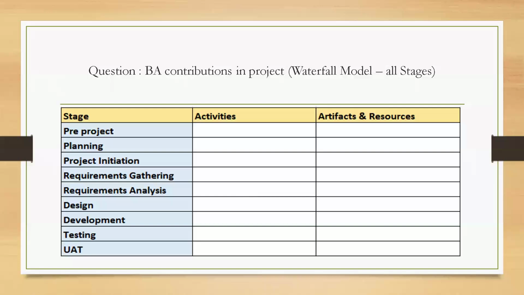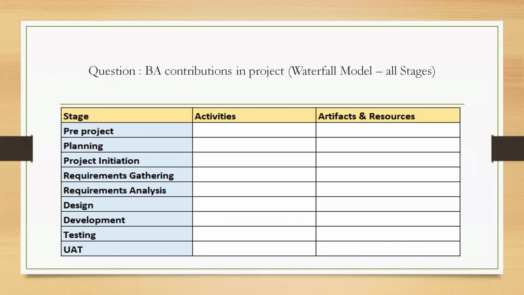And coming to the eighth question, which is BA contributions in the project. In the waterfall model we have different stages, right? So throughout all the stages, what will be the BA contribution? If you observe, a template is given, starting with the stage before the project initiation.